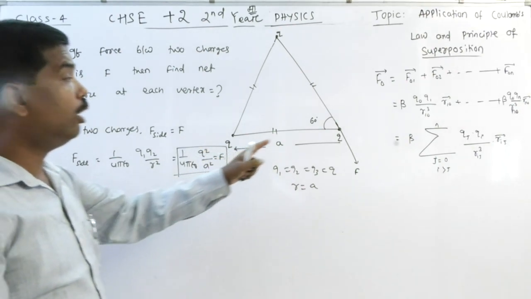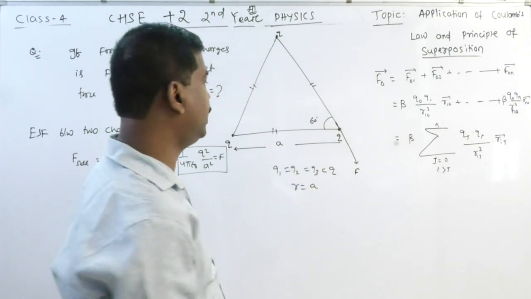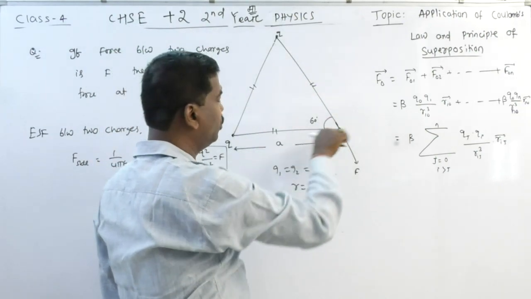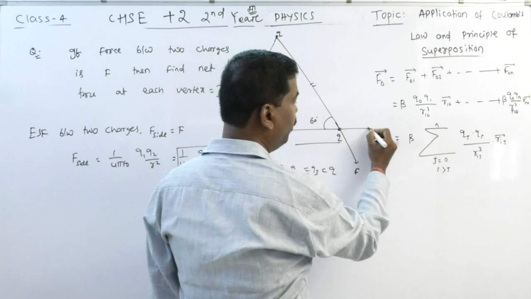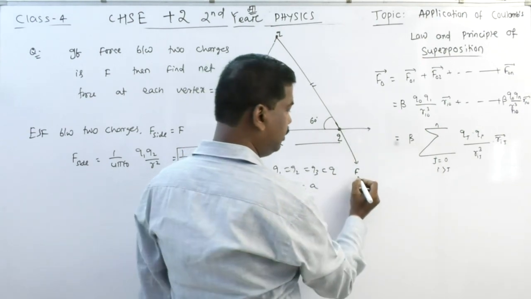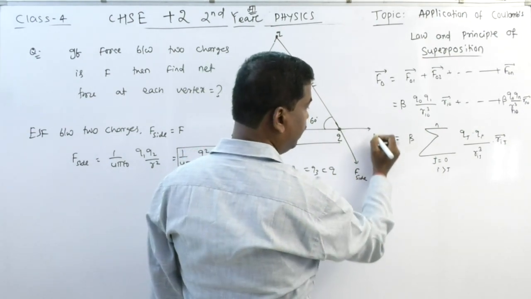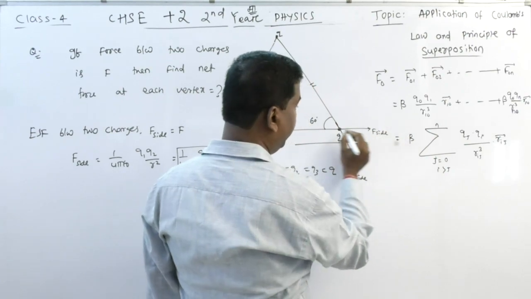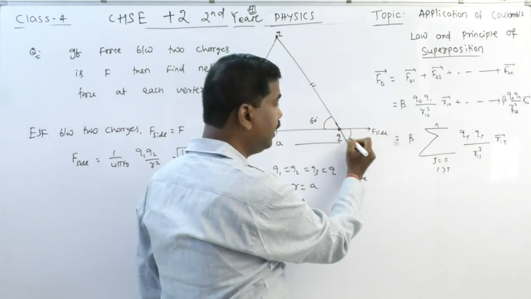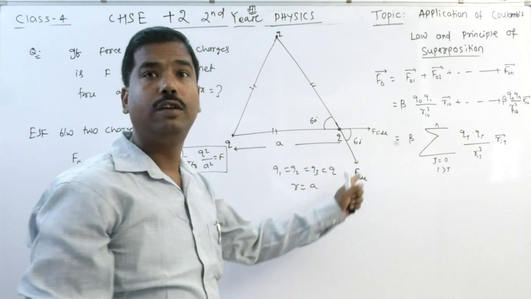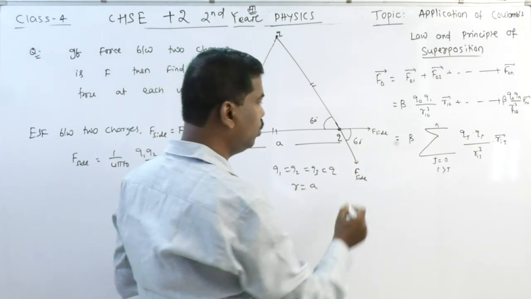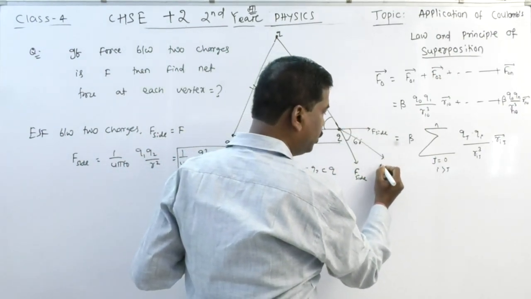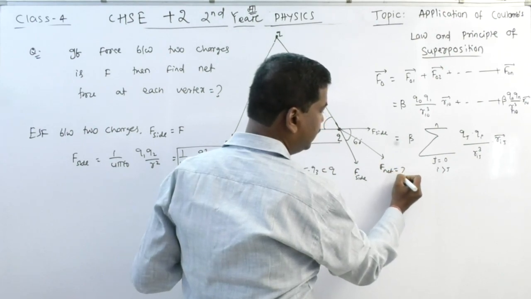Clear? Now the question: find the net force at each vertex. Like this is one force and this is one force. So how many forces are there? This is also F. This is also F. If this angle is 60, then this angle is also 60. So I want to find the net force, how much.